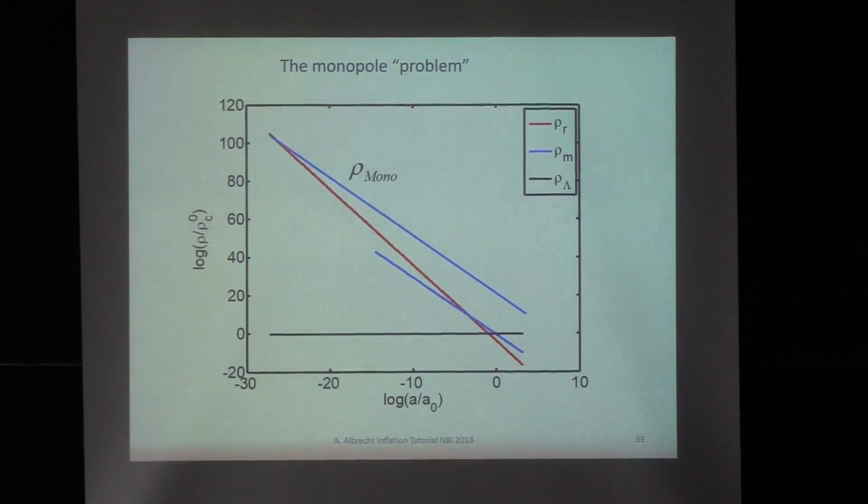Now the party line is that no one's ever seen a monopole. Back then, we thought someone had seen one. But the prediction of all grand unified theories of that era was that the universe would be made entirely of magnetic monopoles today.